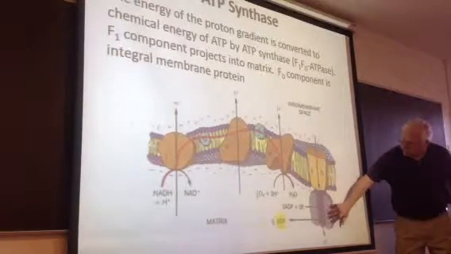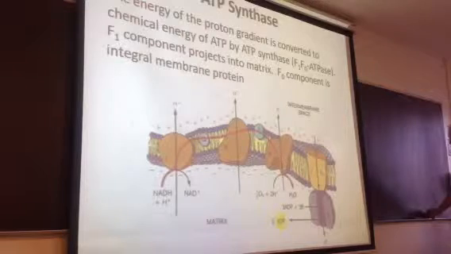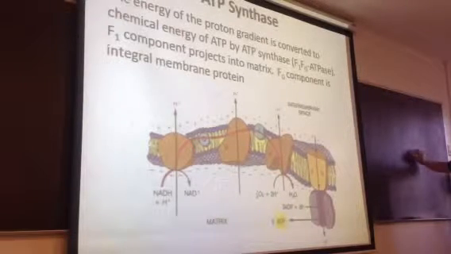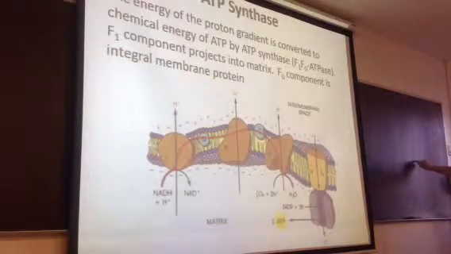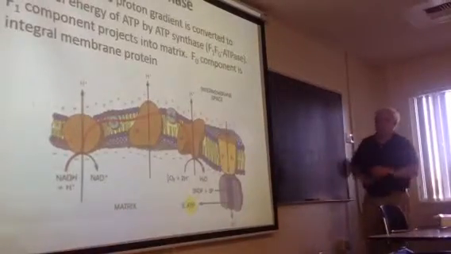And then the part that sticks out into the matrix, so FO is here, and then sticking out into the matrix is this stalk with a little head on it called the F1 particle.